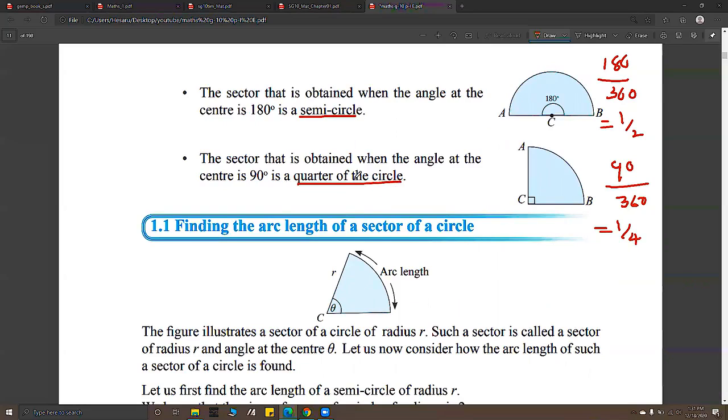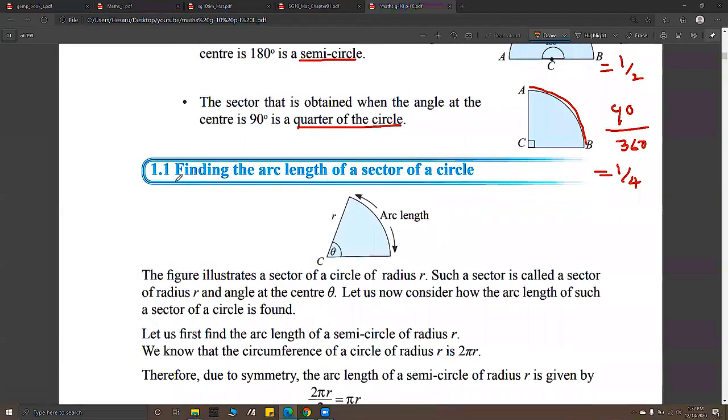Now we are in the lesson of perimeter, so we have to consider the perimeter of these shapes. Before going into the perimeter, the hardest thing is to find the length of this arc section. So how can we find the arc length? For a total circle, you know the equation is 2 pi r.